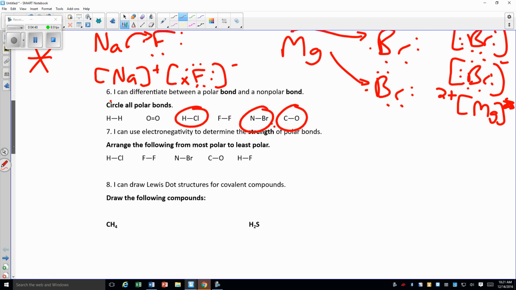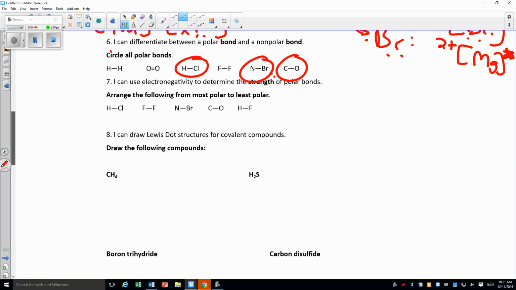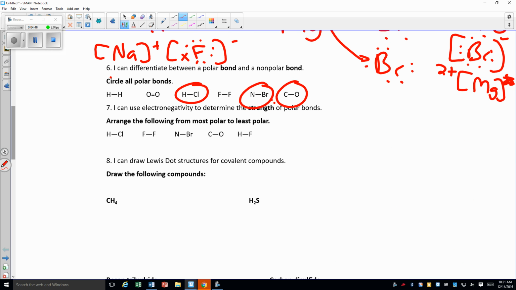Number 7, you're going to answer exactly like you answered number 2. The more polar it is, the higher the difference in electronegativity you have. And when you look at Table S, you see that's 1.0, that's 0, because they're the same. Unfortunately, NBr is also 0. I probably should have chosen a better example.